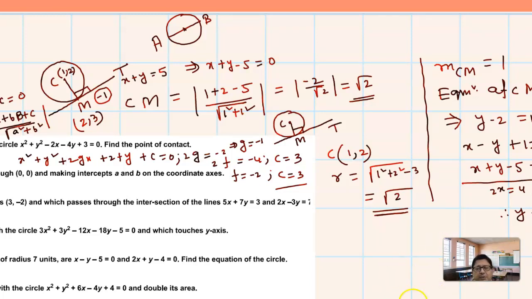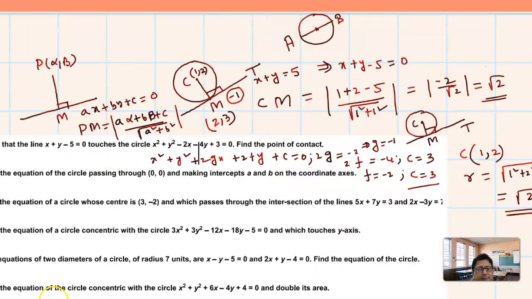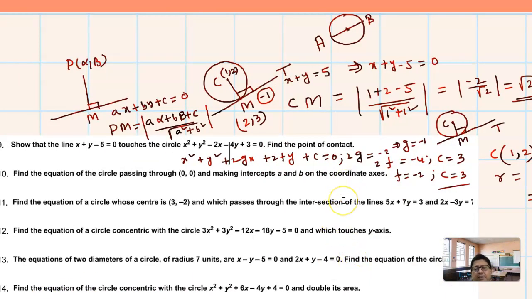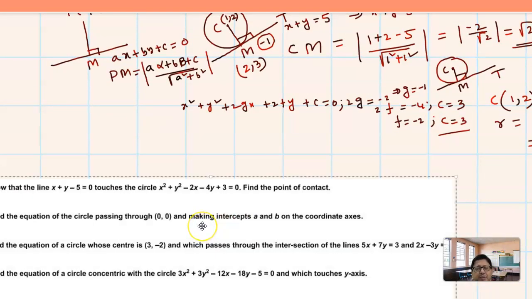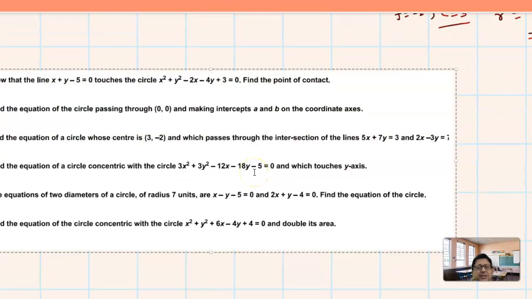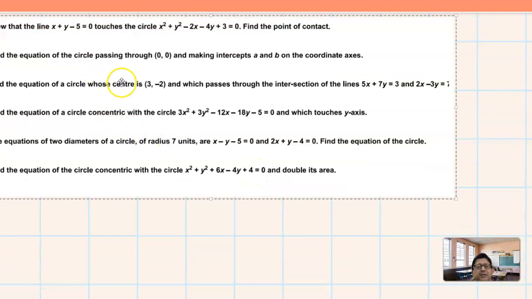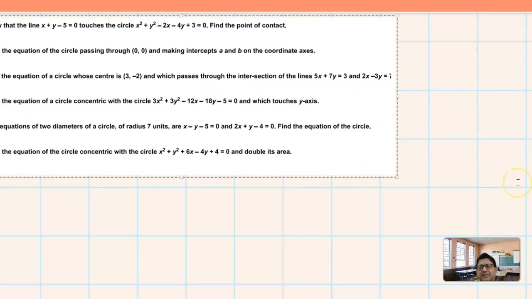Let us think about the next type of problem, where three conditions are known, may be given in different forms, but three conditions must be given to find the equation of a circle. We are going to solve question number 10 here, where the circle passing through the origin is a condition, and making intercepts on the coordinate axes A and B is another condition.